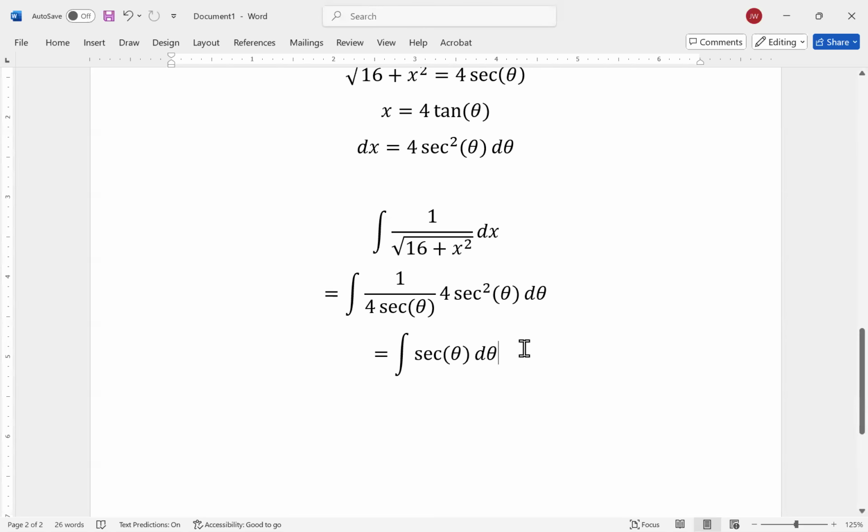Now, I'm just going to give you the antiderivative of secant, but I'll show you how I got that in just a moment. The antiderivative of secant is natural log of secant of theta plus tangent of theta.